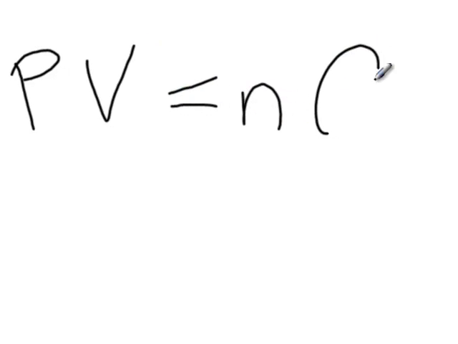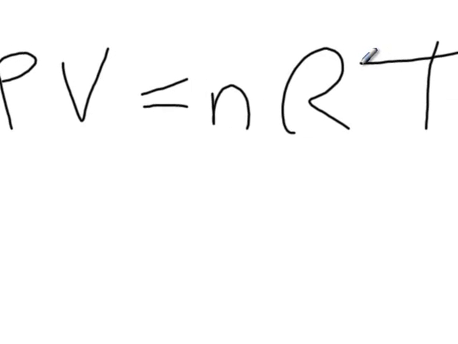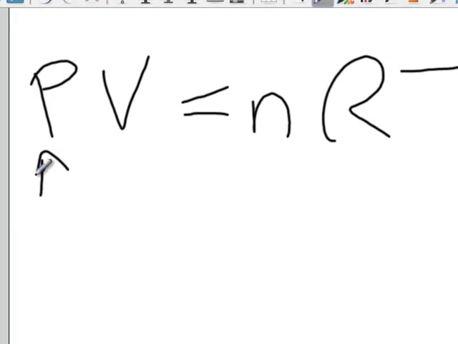The ideal gas law is PV equals nRT, where P is the pressure, and the pressure has to be in the unit atmospheres.